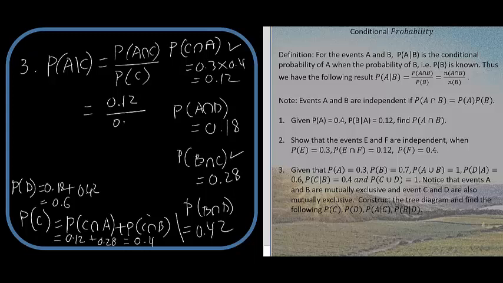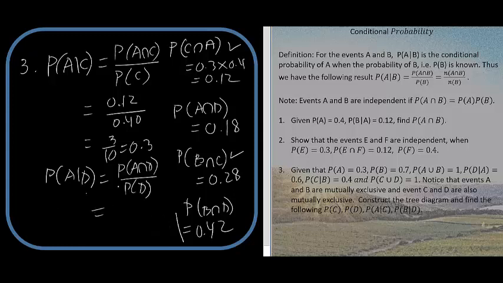This is A given C. Now let us find probability A given D. So A given D will be A intersection D, I have 0.18, and then D we had 0.60.